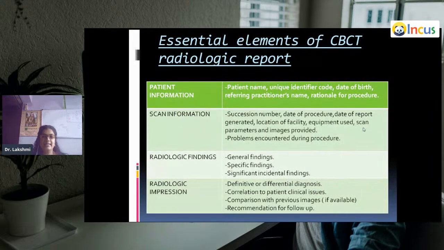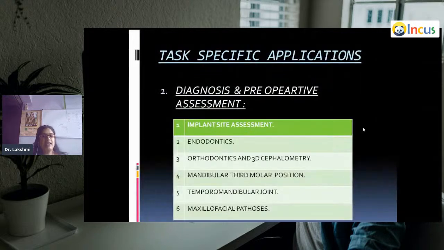Then task specific applications, which come under 3 different headings. The name itself tells you, you want to do a particular scanning only for, say, an endodontic assessment, then you do that. It is the department-wise or specialty-wise application of a CBCT.